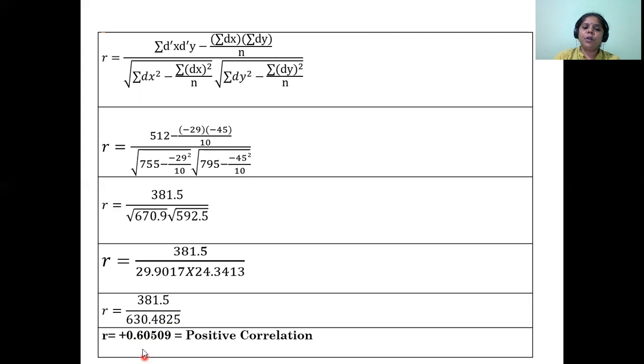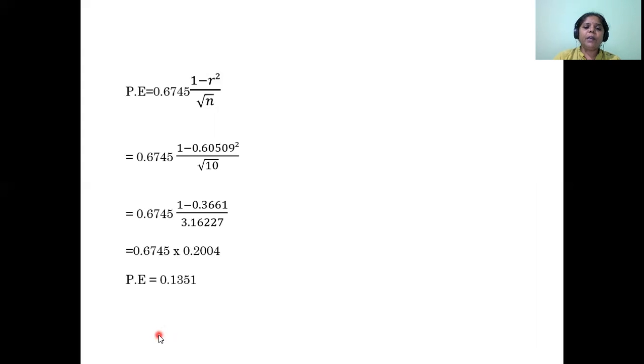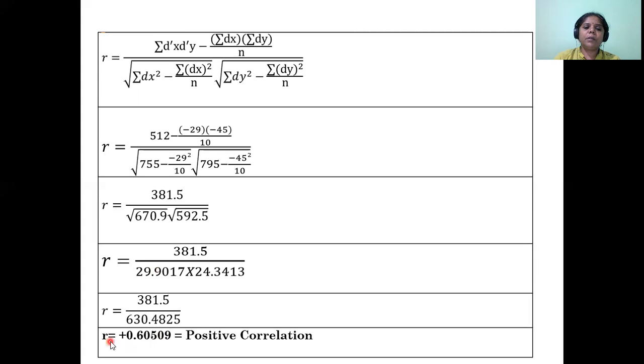So R is equal to 381.5 divided by 630.4825. You will get the value of 0.60509, and that is called positive correlation.